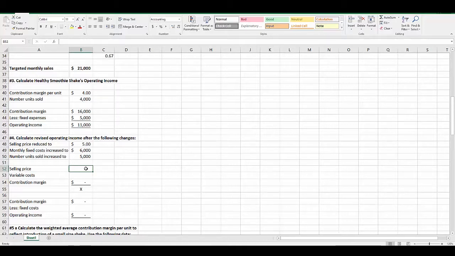So the selling price is $5. The variable costs remain at 2 because you're not told that there's any change to variable, so you assume it's still $2. That means your contribution margin is now $3 instead of $4. As a result of decreasing your selling price, the company is now selling 5,000 units.